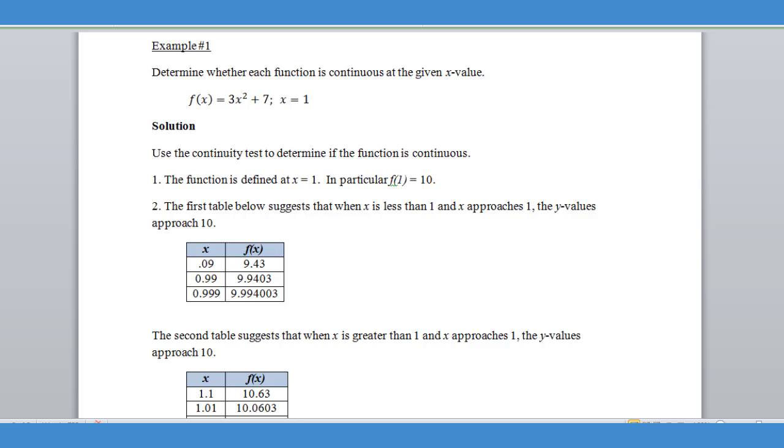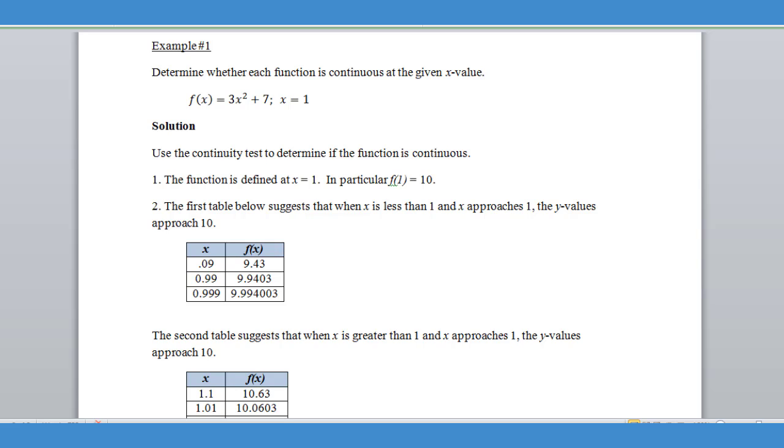Alright, example 1. Determine whether the function is continuous at the given x value. Here we have a fairly straightforward quadratic function, f of x equals 3x squared plus 7. That quadratic function is just going to move up 7 on the y-axis, and it's going to be a little bit steeper with the 3 as a leading coefficient. We want to know if it is continuous at x equals 1.